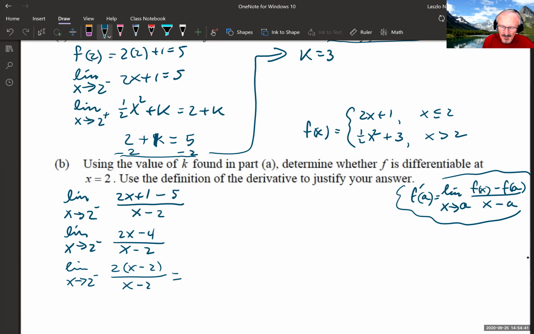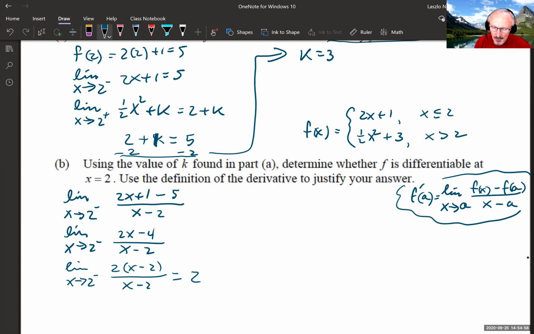Of course the x minus 2's cancel out, and we have the limit as x approaches 2 from the left of 2, and the limit of a constant is the constant itself. Good. Well, we did half the work that's necessary.